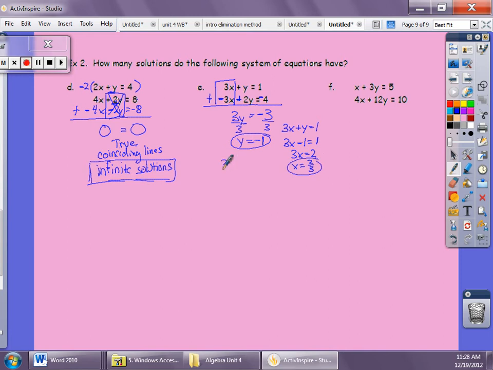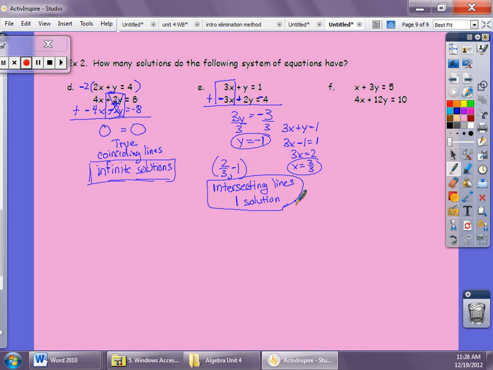So we know that this has a solution of (2/3, negative 1). That means if we have a solution, these are intersecting lines, and they will have one solution. And we know that the solution is (2/3, negative 1).